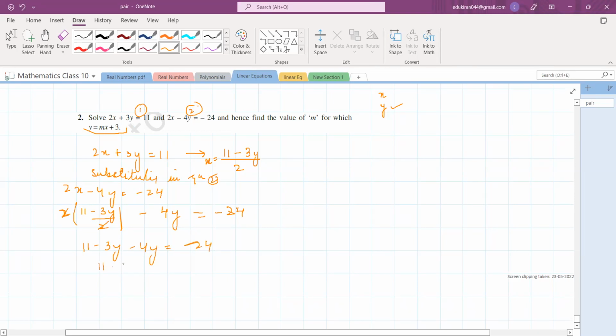Then you have 11 minus 7y is equal to minus 24, right? So it will be 11 plus 24 will be your 7y, clear? So this will be how much? 35 is equal to 7y, and then your y is equal to 5, right? Yes, ma'am.